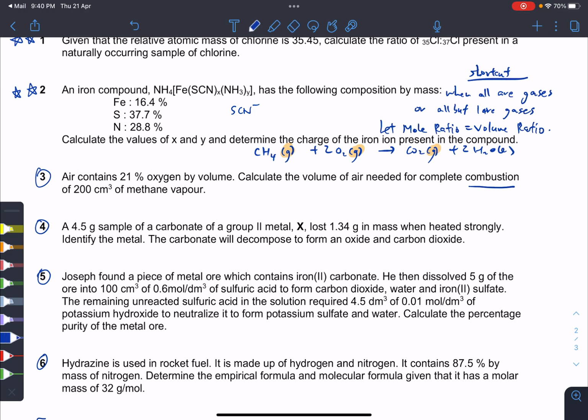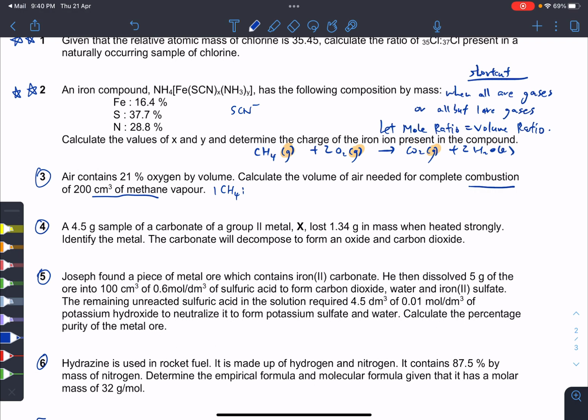Okay, coming back, first step equation. Second step, change to mole. Not really, because of the shortcut. So first I will find out the volume of oxygen. I have methane, so I have 1 CH4.